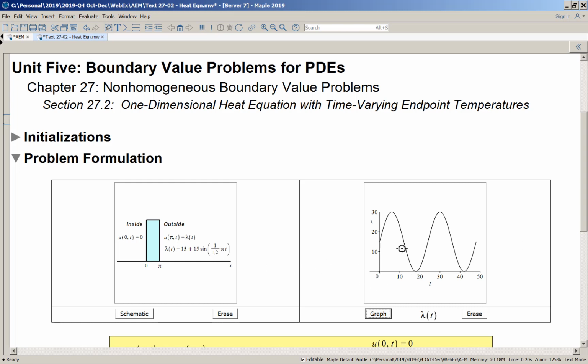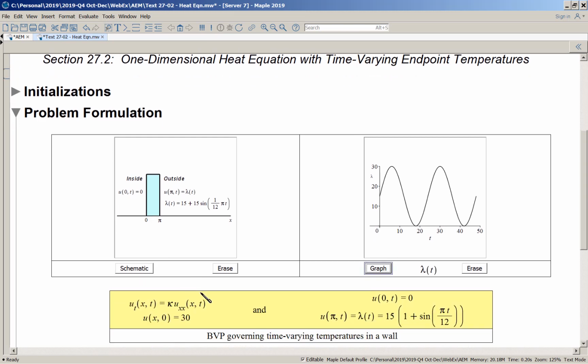So you have this time-varying temperature on the outside, constant on the inside. I wanted to know what was happening inside the wall. What is the temperature profile inside that wall? So here's the boundary value problem I wrote. Heat equation. Initial temperature, 30. So I'm thinking, I haven't been home.